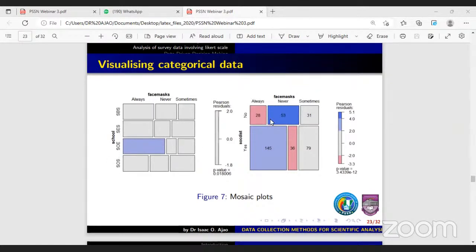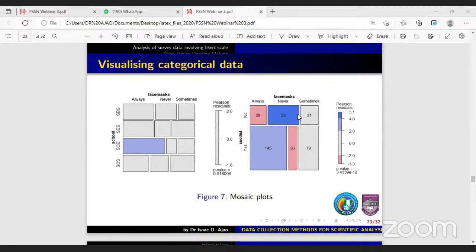Okay, now let's continue. We have this one. It continues here also. We have for face mask: always, never, sometimes. Now, how do we show this graphically? We call this one a mosaic plot. I think Dr. Yamakishu mentioned something like that in the first presentation. This one shows the frequency inside of it. You can see also.